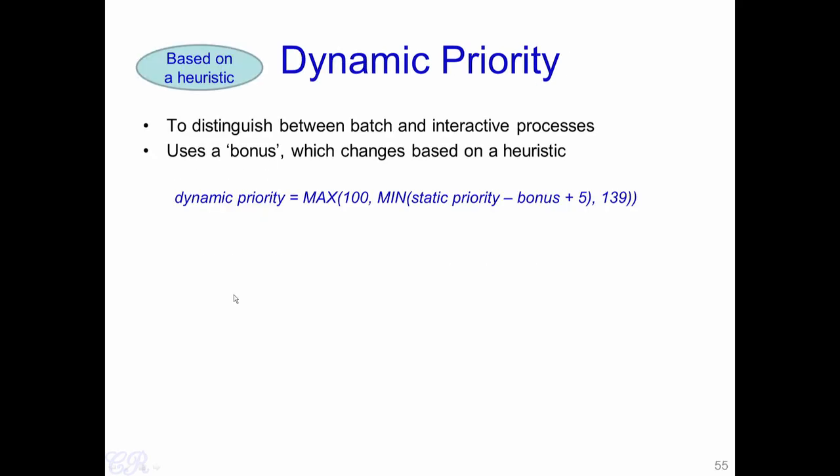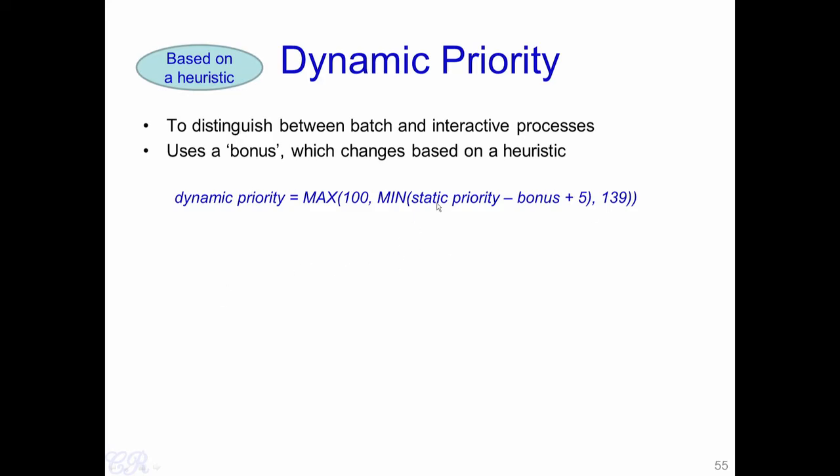Besides the static priority, the scheduler also sets something known as the dynamic priority. This dynamic priority is based on heuristics and is set based on whether the process acts like a batch process or an interactive process. Essentially, it's set based on whether the process has more I/O operations or is more CPU bound. The scheduler uses some heuristics to compute the dynamic priority.